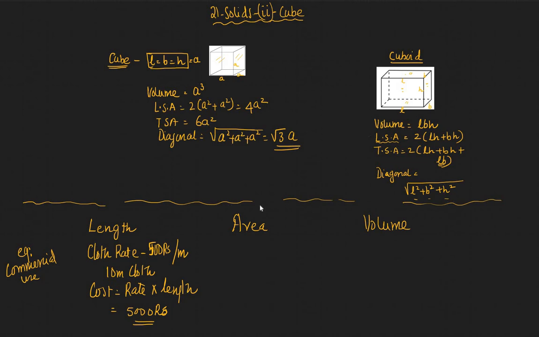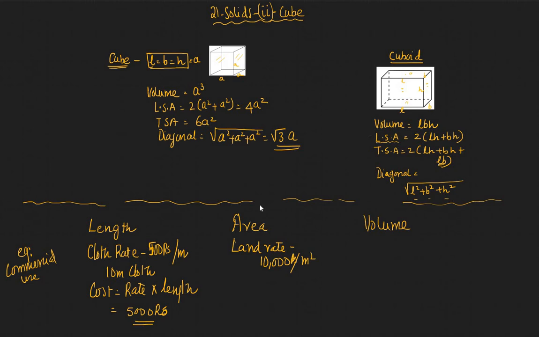Now let's say area. Now if you buy land, somebody says the land rate in a particular place is let's say 10,000 rupees per meter square, right?